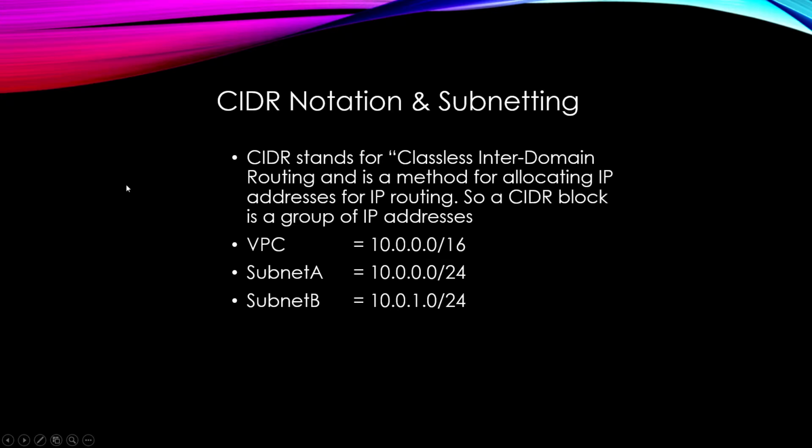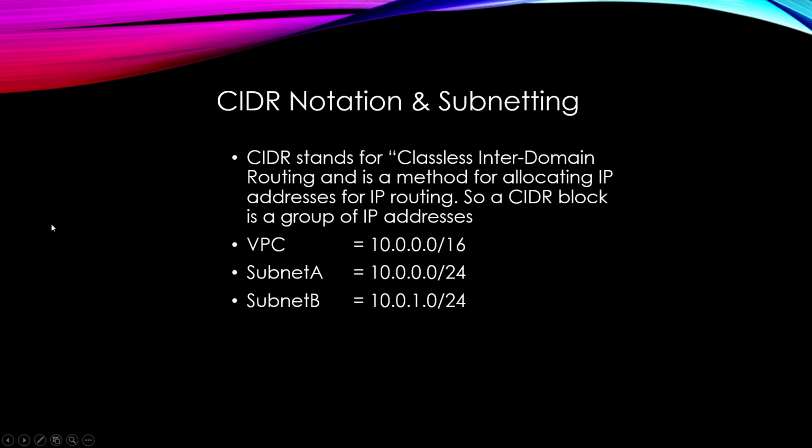So the next thing I wanted to talk about was CIDR notation and subnetting. Before I do that, I talked about regions and availability zones. I'm assuming you probably know what those are, because there's a million videos on the internet about it.